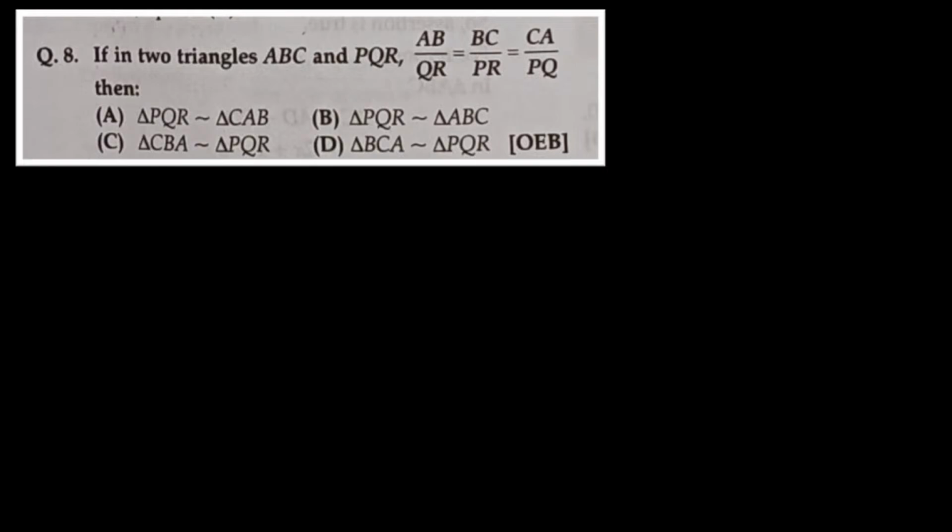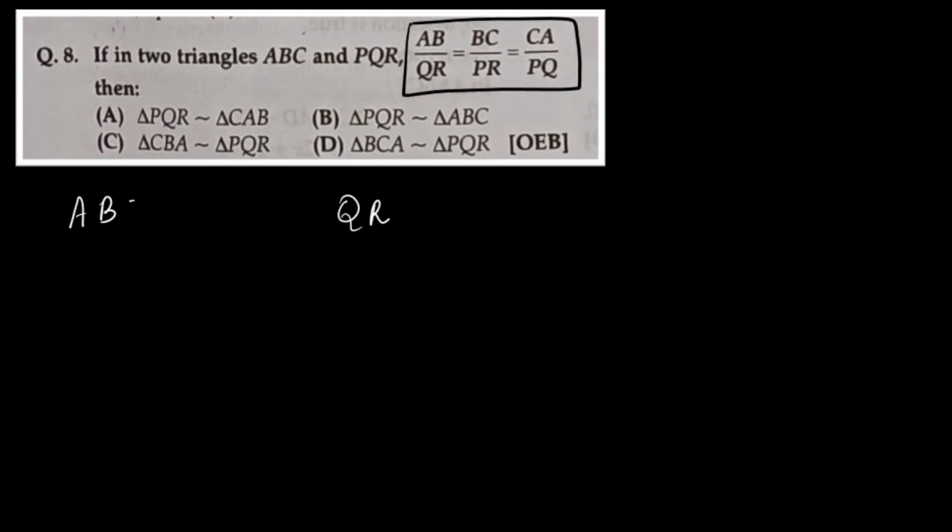If I see this, AB's corresponding side is QR. So AB I can write at the starting of the first triangle and QR at the starting of the second triangle. Then BC by PR.